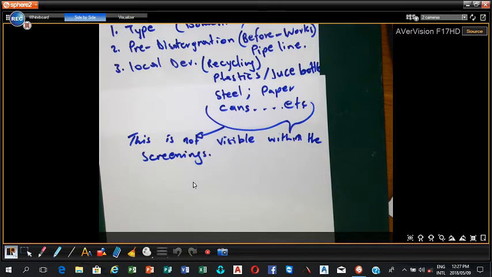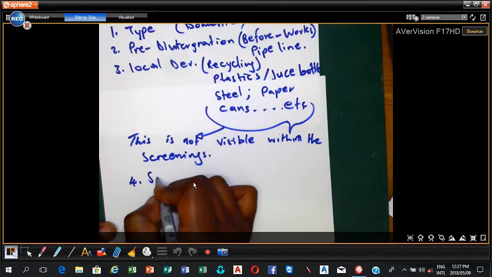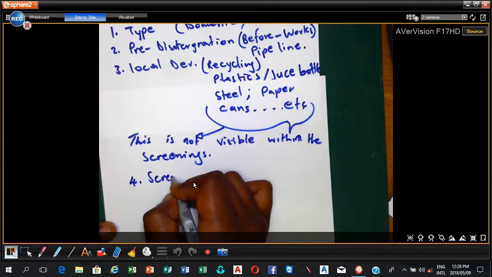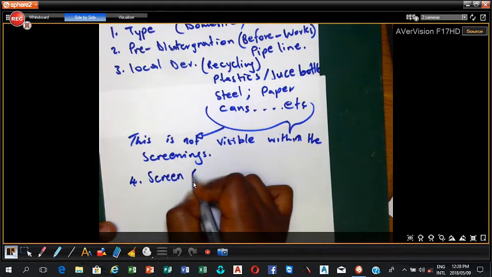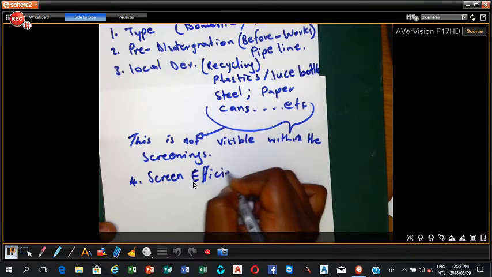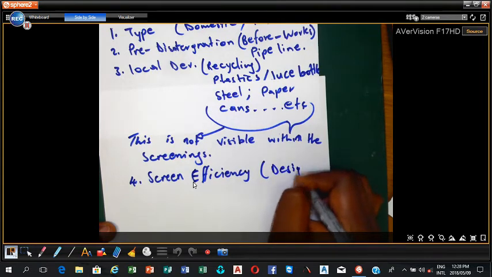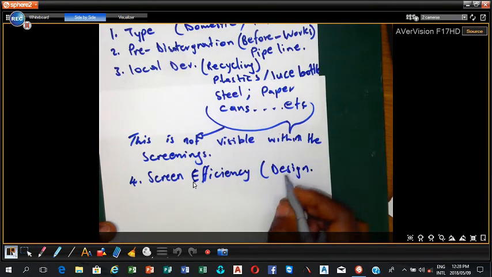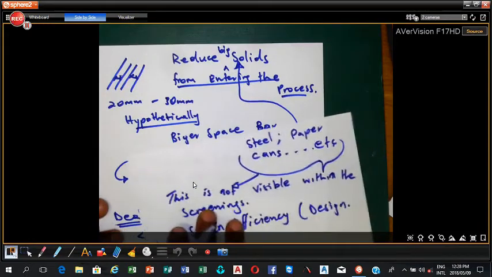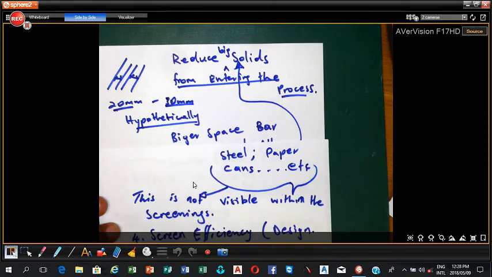And also the screen efficiency, which is number 4. Now, when you speak of the screen's efficiency, that means you are talking to the design. The way of talking to the design is coming back to what we've already discussed, which is the size: what millimeters, what height, what depth.